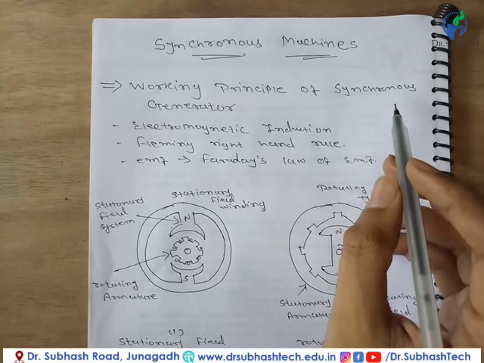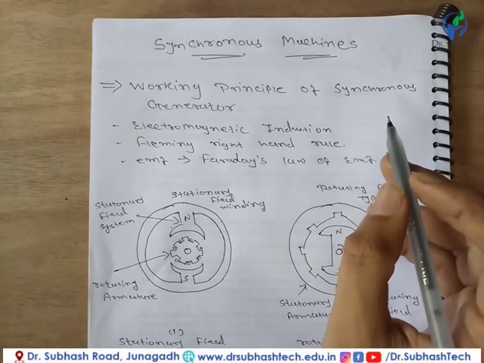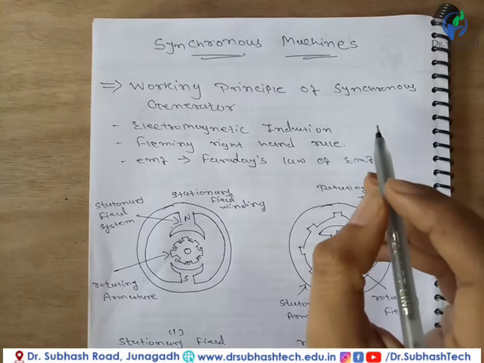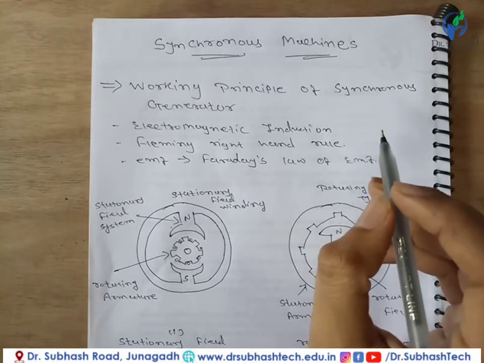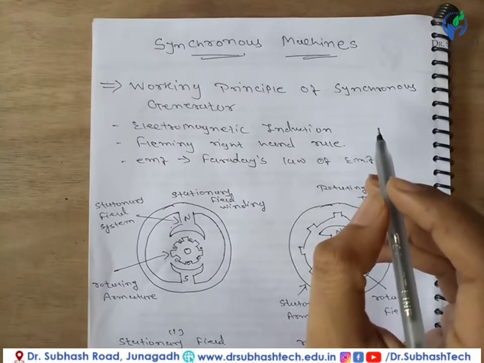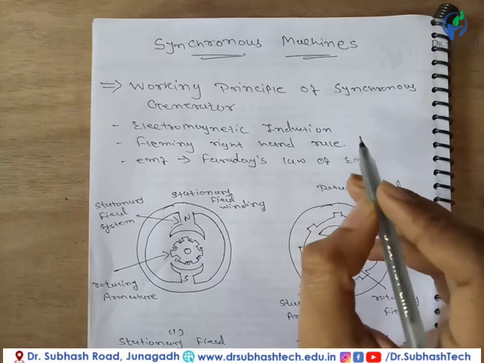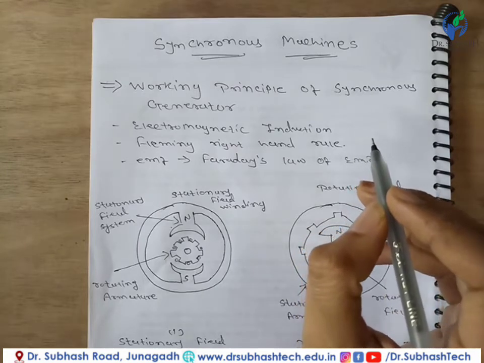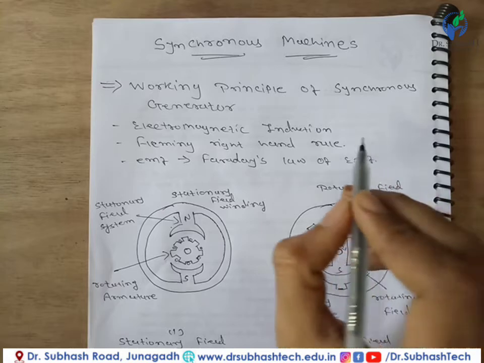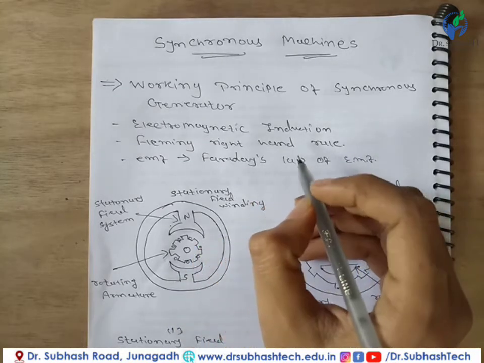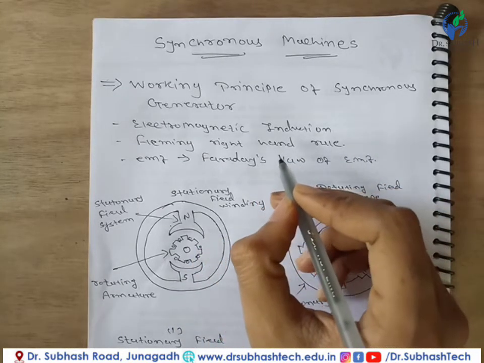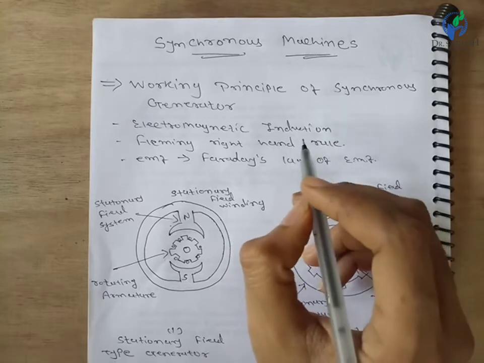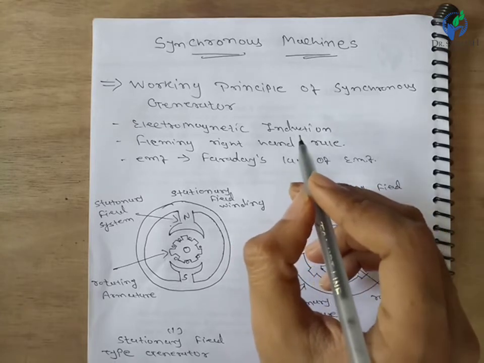According to the principle of electromagnetic induction, when the magnetic field is cut by the conductor, an EMF is induced in the conductor. This EMF is a dynamically induced EMF. The direction of this EMF is found by Fleming's right hand rule.